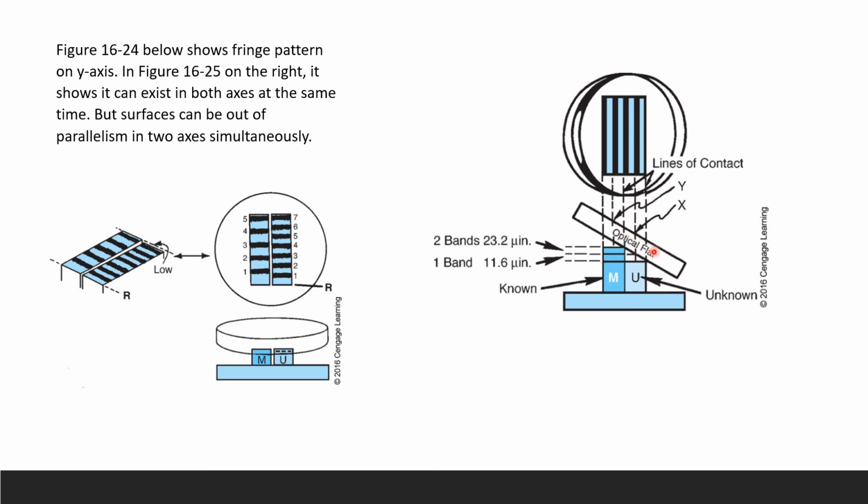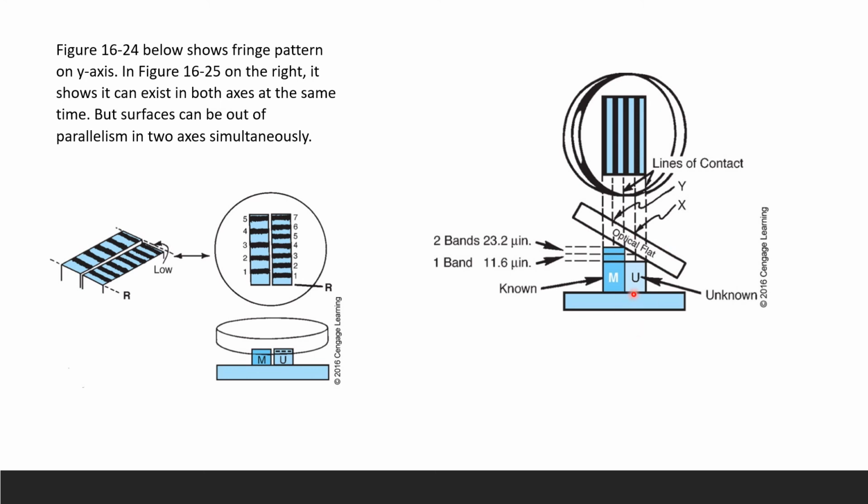Then here, that's our optical flat, trying to measure the parallelism, right? And this unknown, and that's our known that we're trying to measure. And these are very exaggerated, so it's not that big actually. So here in this picture, it shows it can exist in both axes at the same time.